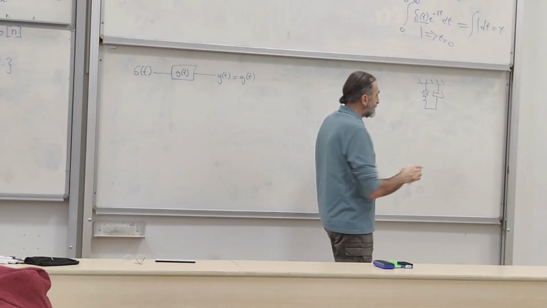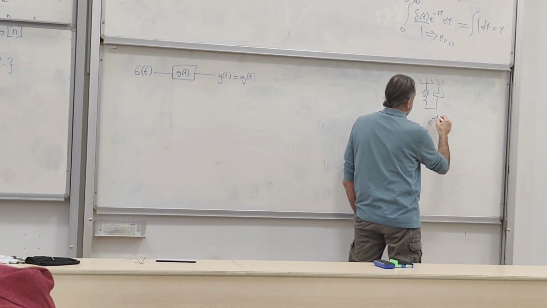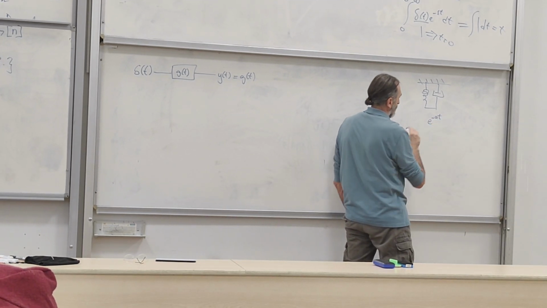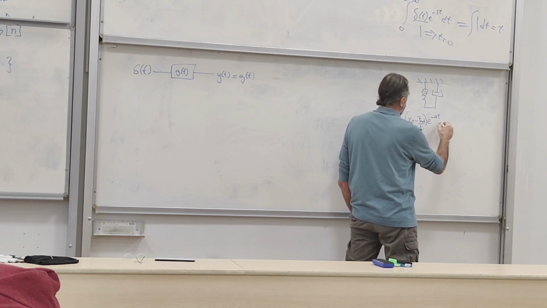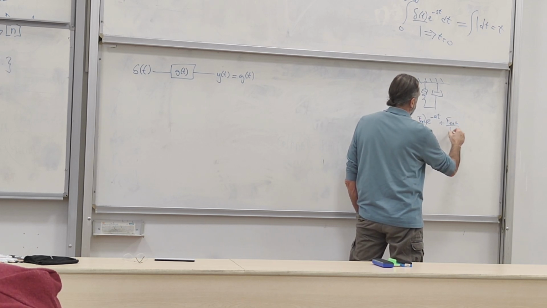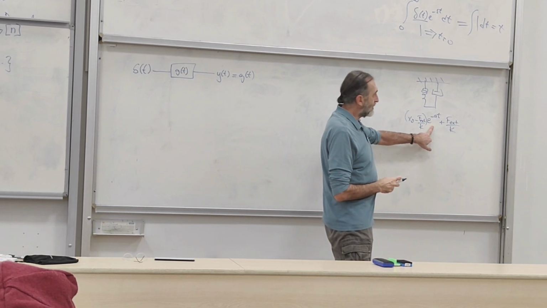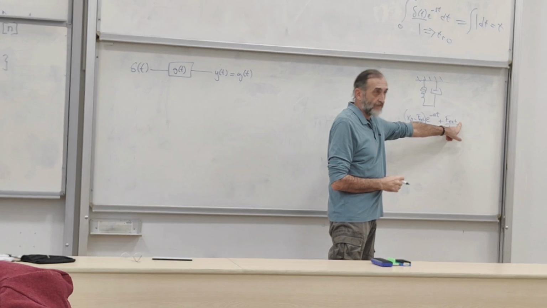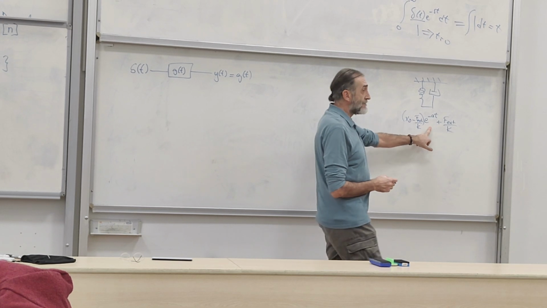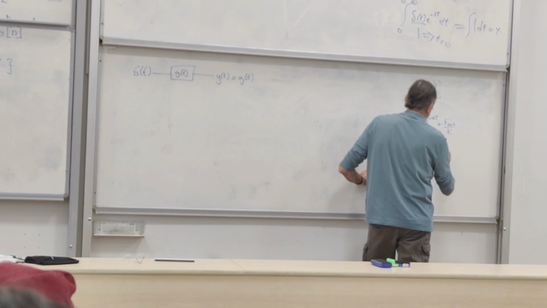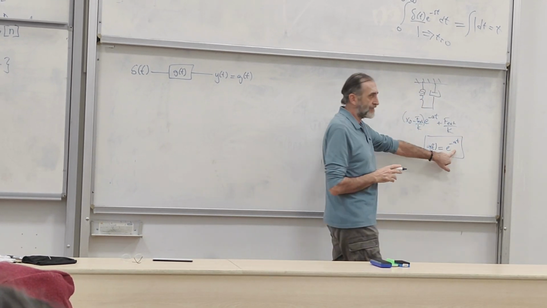What is the system? e to the minus at, the response, x0 minus f external divided by k, plus f external divided by k. The system itself is this. Everything else is outside of the system, f external. This is my system. My system g of t is e to the minus at. That's all that I need to know about the system.